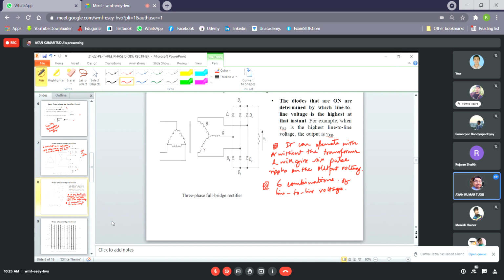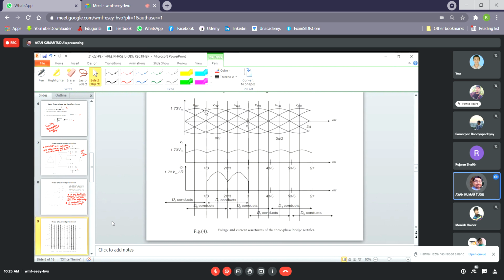Now considering one period of the source to be 360 degrees, the transition of the highest line to line voltage must take place every 360 degrees by 6, that is, every 60 degrees.